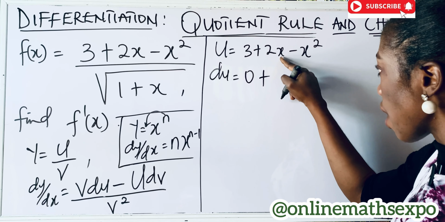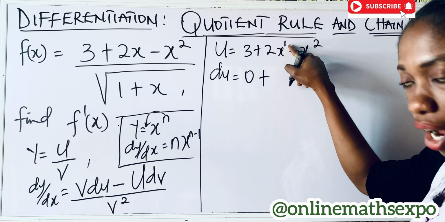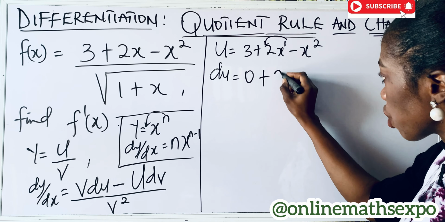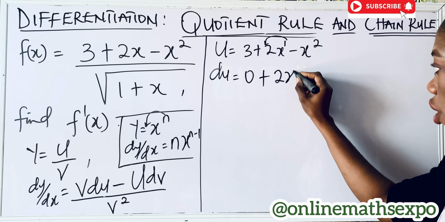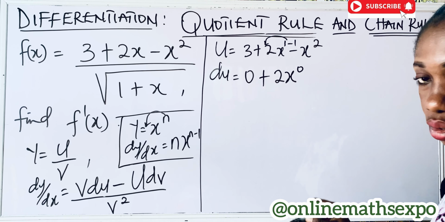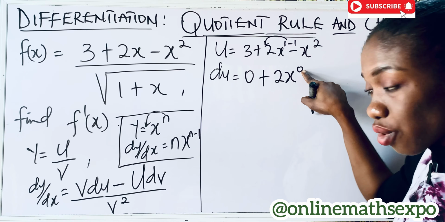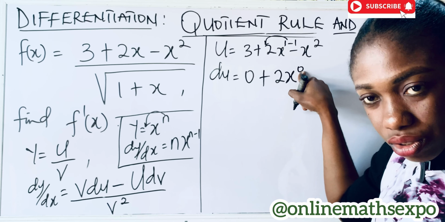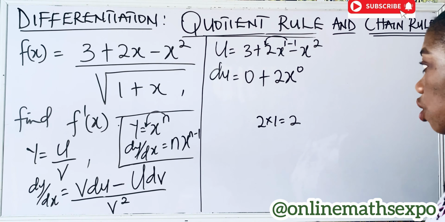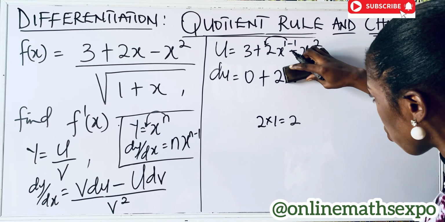Now 2x is the same as 2x to the power of 1. So use the 1 to multiply 2, which gives us 2. You return your x, take 1 from the power, and 1 minus 1 gives 0. So x raised to the power 0, according to your indices, is 1. So you have 2 times 1, which gives you 2. You are free to write only 2 here.